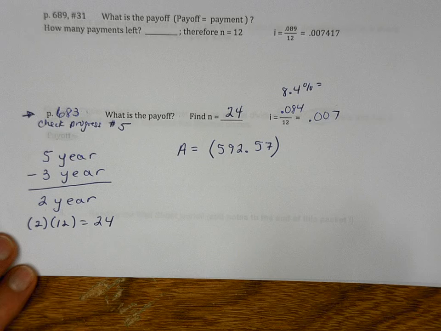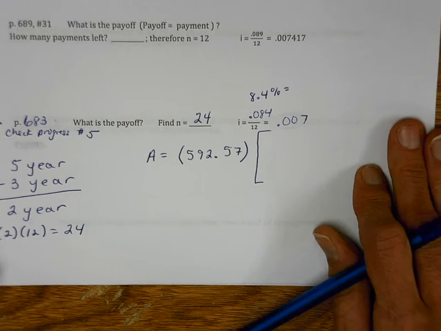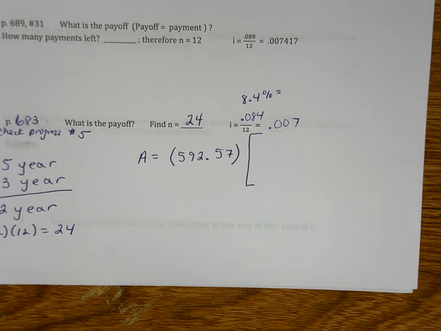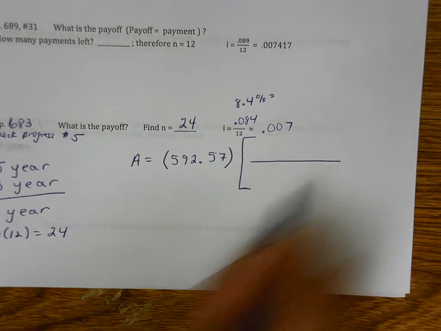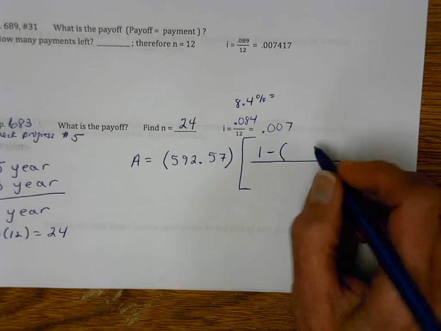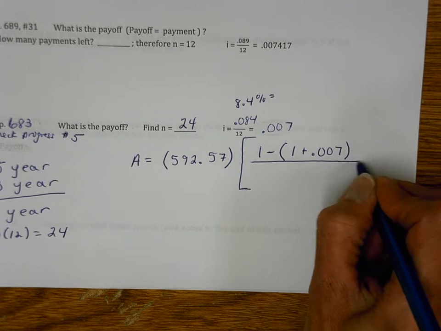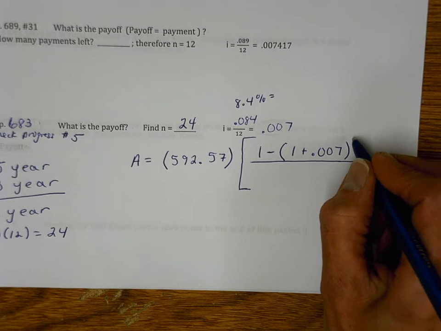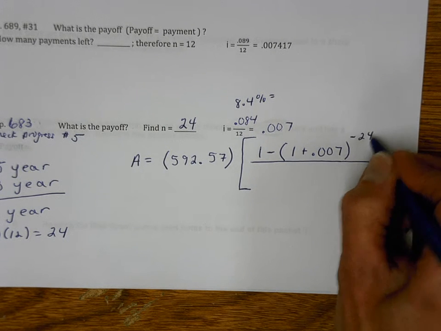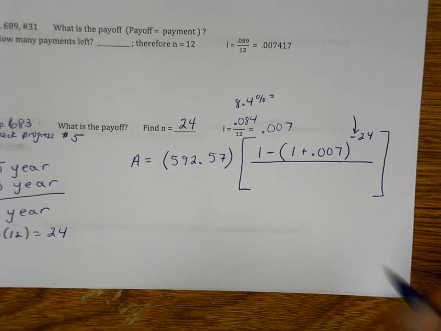Okay, and then we multiply that by, and I'm going to use a bracket. I know your book has parentheses, but if we've got 2 parentheses, I like to use brackets to show the outside ones. Then we've got a fraction here, and it's 1 minus 1 plus I. Now our I is 0.007, and we have to raise that to the negative n. Watch that negative. And then we divide that by our I value.